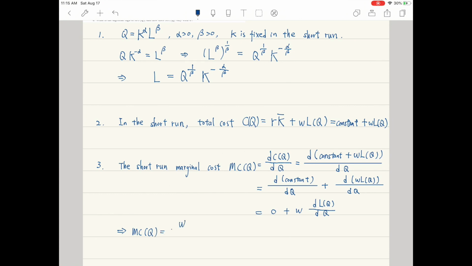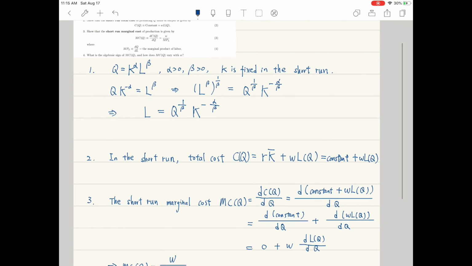If the function is invertible, the marginal cost can be written as the cost of labor divided by the marginal product of labor.